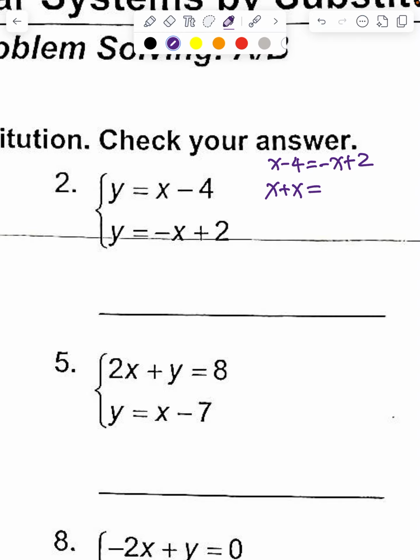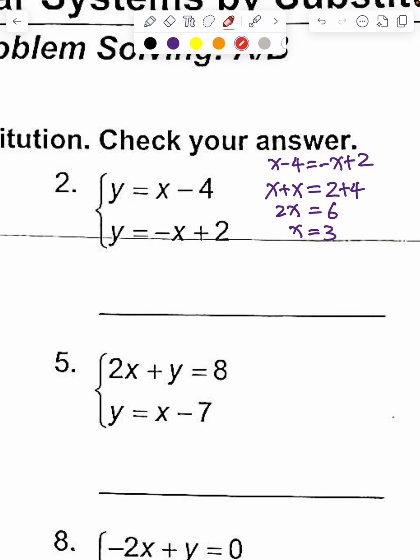The 2 is not moving, positive 2. Negative 4, I move it from left to right, and it becomes plus 4. x plus x is 2x. 2x equals 6. 2 times x equals 6, and 2 times 3 equals 6. So x equals 3.